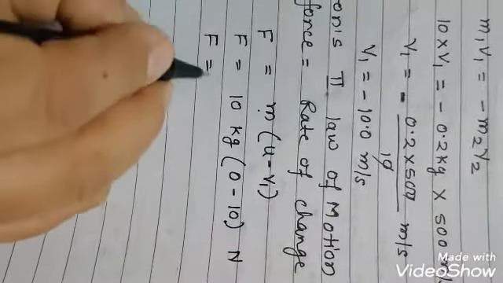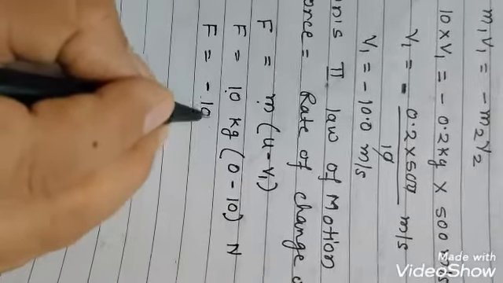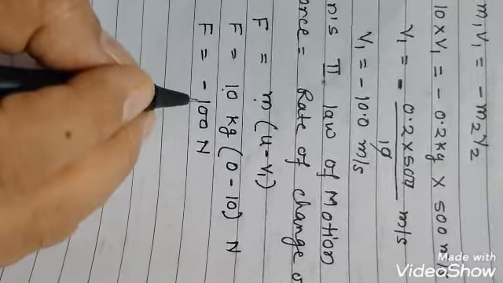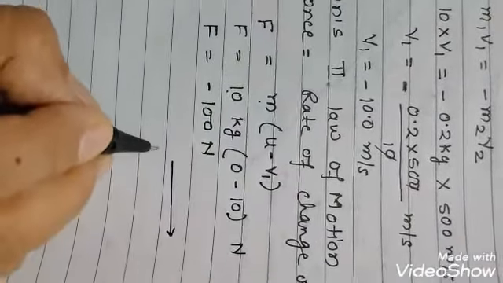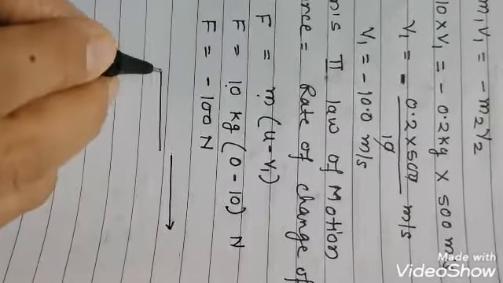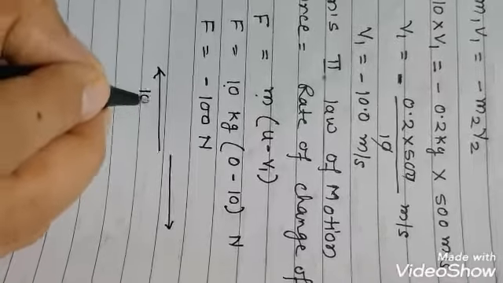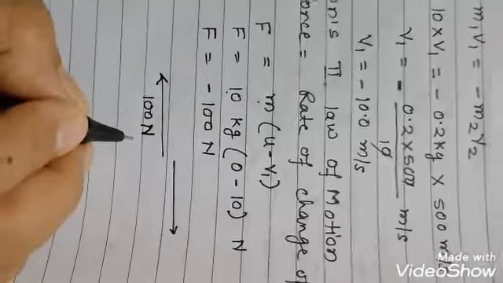So F is 10 multiplied by minus 10, which is minus 100 Newton. That means if the bullet is moving in this direction, the force on the gun will be in the opposite direction, and the magnitude of the force will be 100 Newton.